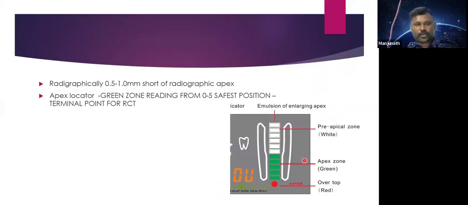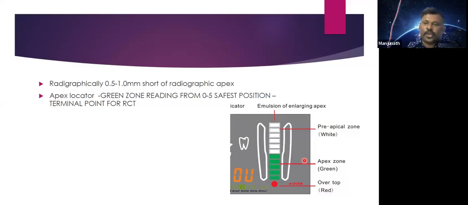So when applying in the clinic, when you are taking an RVG X-ray, if you keep 0.5 to 1 millimeter short of the radiographic apex, that will be the terminal point for your procedure. When you are using apex locators, the green zone, reading from 0 to 5, wherever you keep it, this is the safest portion of the terminal point for your RCT.